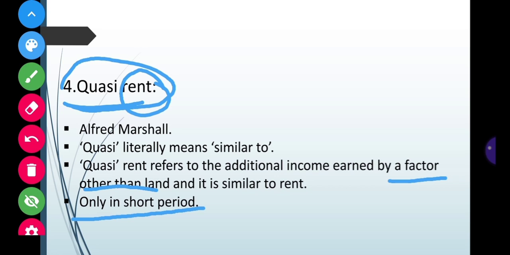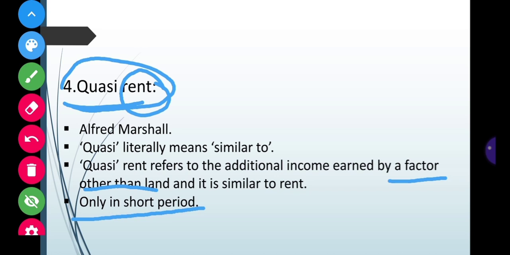When we observe the demand and supply theory, we know that when the demand increases in the market, along with that the supply of that product also increases. But here, when the demand increases, we cannot increase supply in the short run.